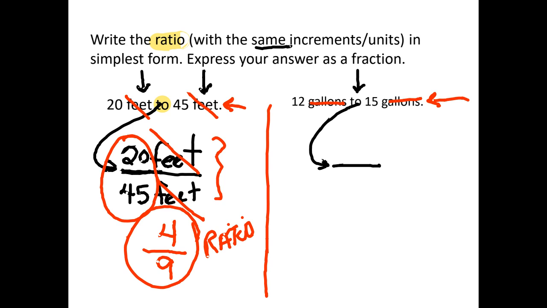Then we're going to put the number 12 up here. And after the word TO is your denominator. You've got to reduce them. If I divide 12 and 15 by 3, I get 4/5. This is my ratio.